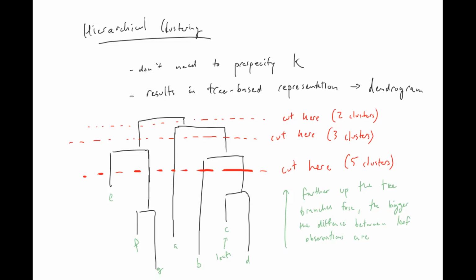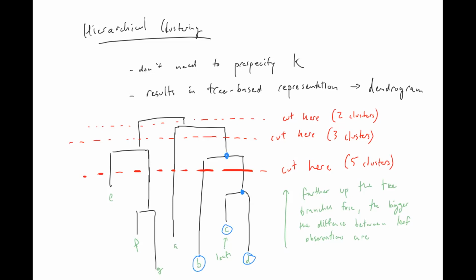Well, okay, before I get to that. You can see that D and C are fairly close because they fuse not that far up, right? And then D and B will fuse farther up.